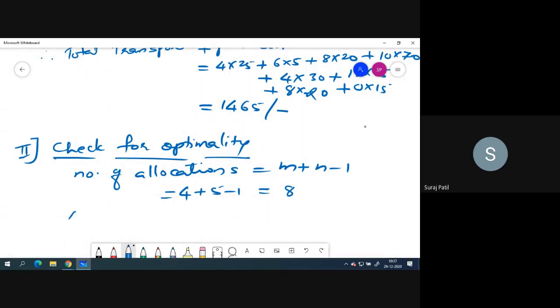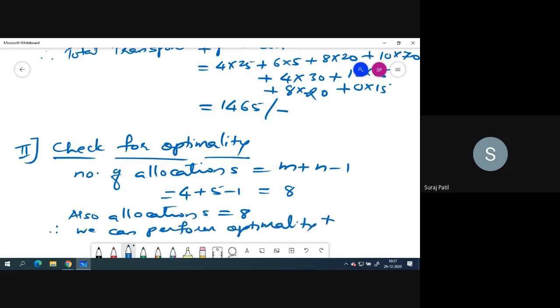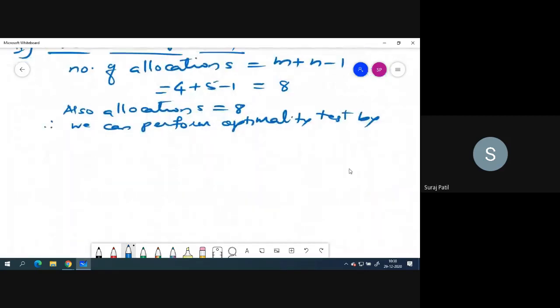So allocations equal 8. Therefore we can perform the optimality test by using the MODI method, that is, the modified distribution method.